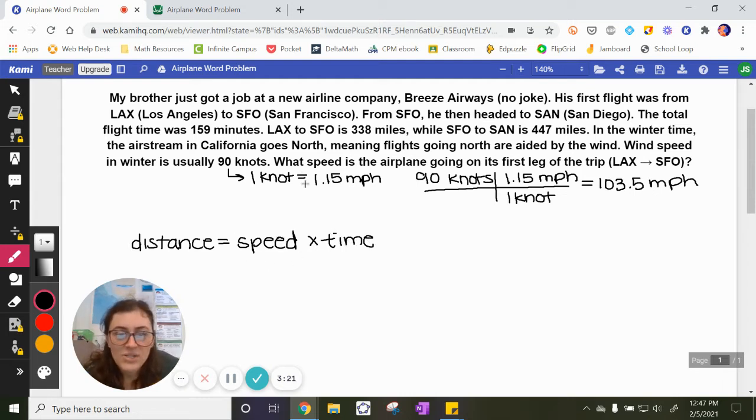And looking at all of these questions, I can see, okay, well, I know the distances, and I also am going to be able to calculate the speeds by looking at the speed with the wind versus against the wind. So the only thing that I really don't have any clue about is the time of each specific flight. So that's what I want to solve for. I'm going to have time as distance over speed.